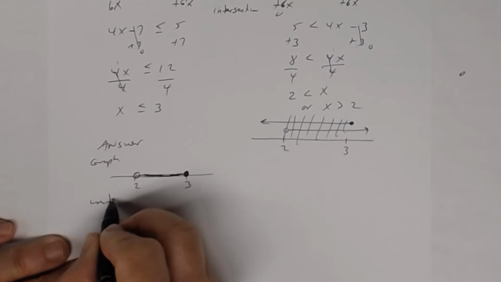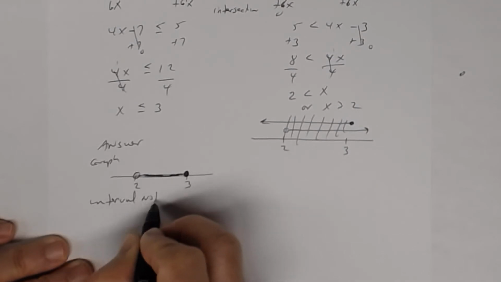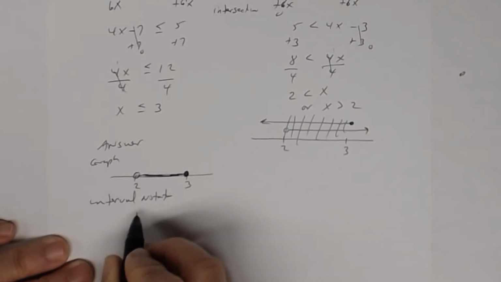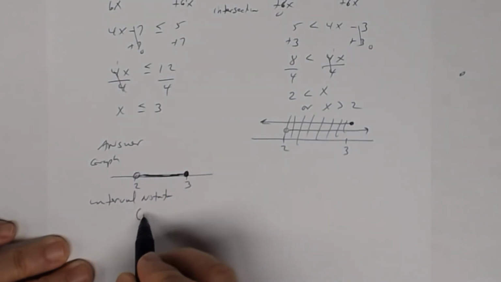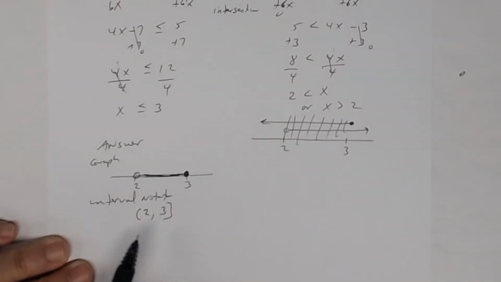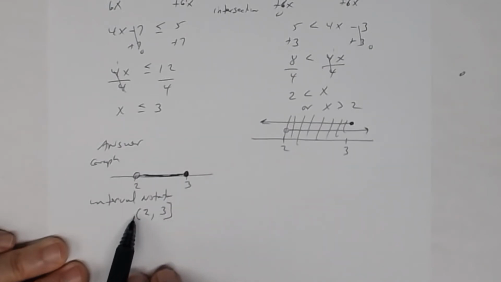Your interval notation, you just read the graph from left to right. So open circle, that's parentheses, 2, comma, 3, closed circle means bracket. So your solution would be any real number between 2 and 3, not including 2. 2 is not a solution, but 3 is. So that's why you see parentheses and then the bracket.